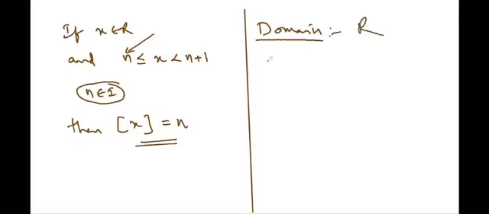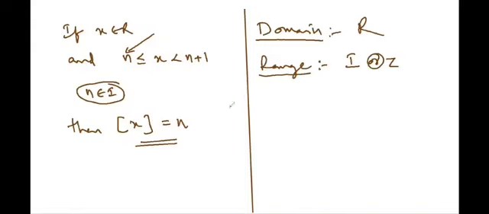So domain is all real numbers. But range, if you observe the outcomes, it's only integers, I, R, Z. Range is I, R, Z. That is range. So we got the domain and also the range.